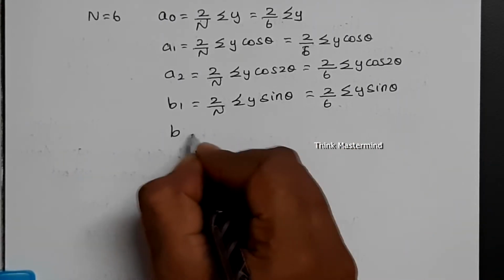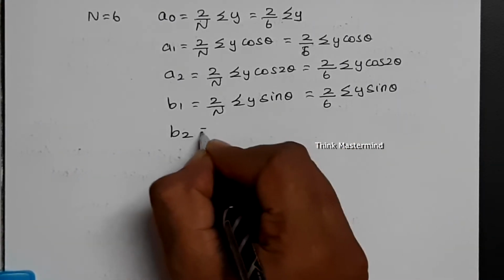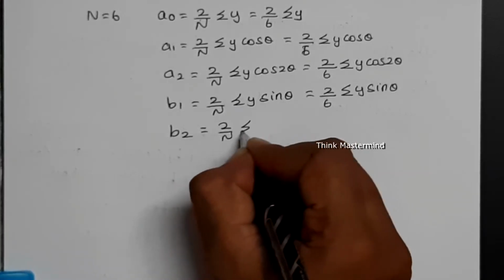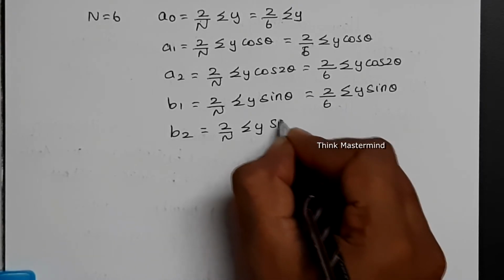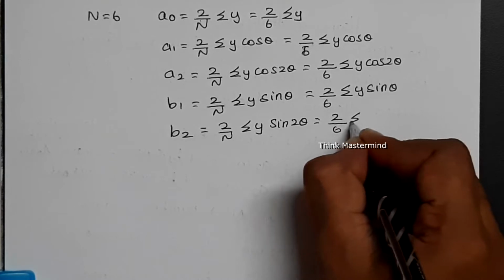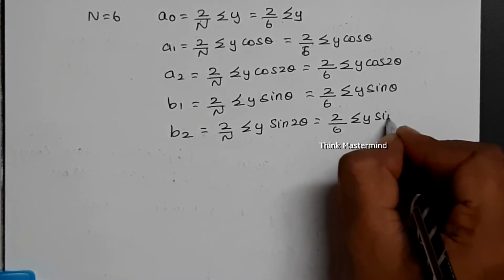Up to second harmonic, therefore we are finding a0, a1, a2, b1 and b2. b2 is 2 by n summation y sin 2 theta, that is 2 by 6 summation y sin 2 theta.